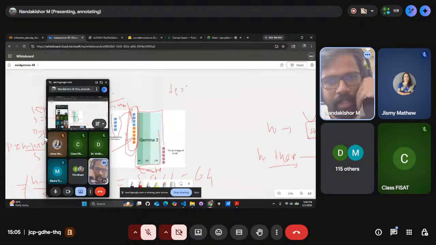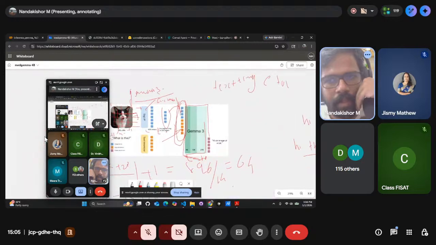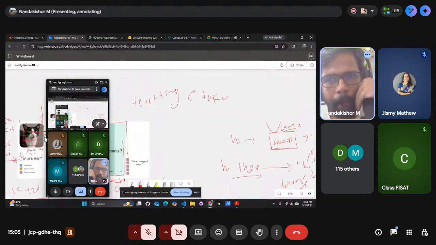So the text plus image tokens get fed to the language model. Got it. So instead of tokens only, you have the text, and that's it.